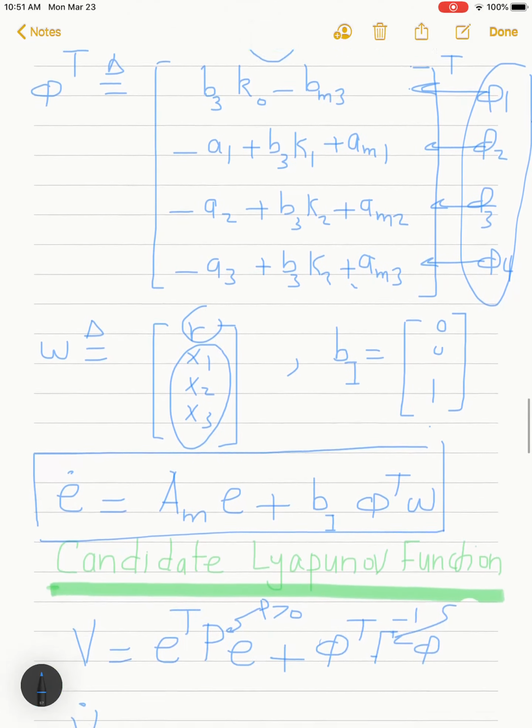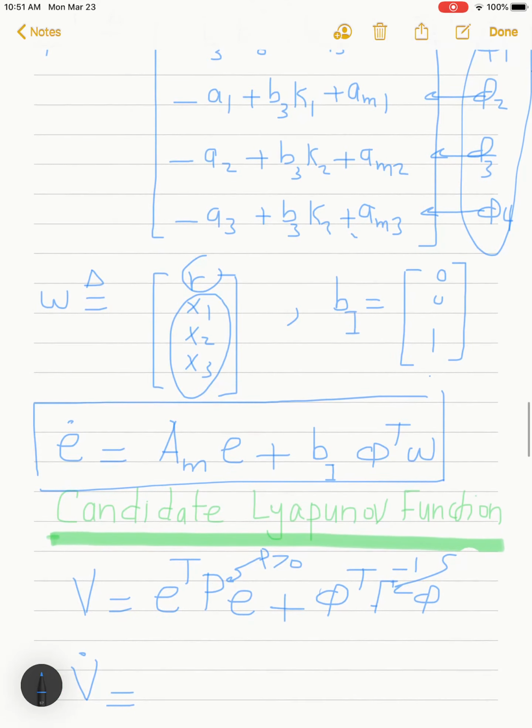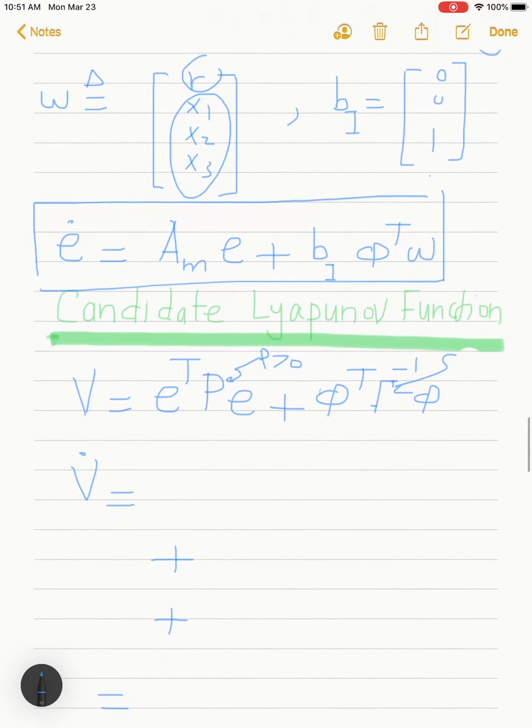This way I can write the error equation as E dot equals AM E plus B subscript I times phi transpose omega, and that would be used later within the Lyapunov function to calculate the adaptation equation.